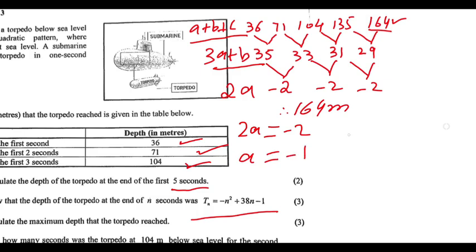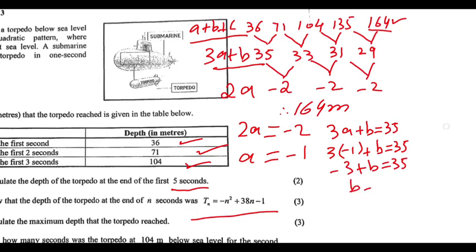And now 3a plus b is equal to 35, and with a equal to negative 1, this becomes negative 3 plus b is equal to 35. So the b is therefore going to be equal to 35. Negative 3, I move over to this side and it becomes positive. So b is going to be equal to positive 38.